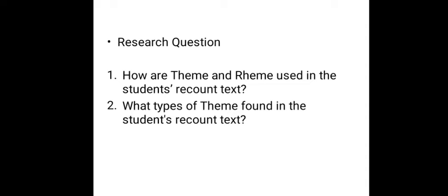So I asked them to create their recount texts, and then I will pick 7 texts that will be analyzed for the theme and Rheme itself.